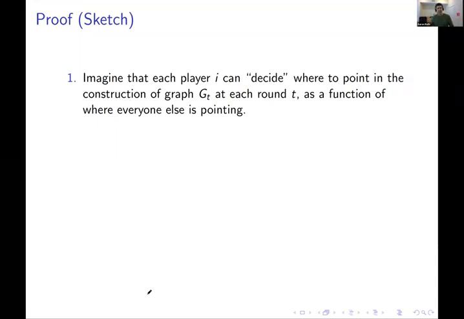But in fact, all of that's simulated by the preferences that you reported. But if I let you actually point every round, that's only giving you a richer strategy space.